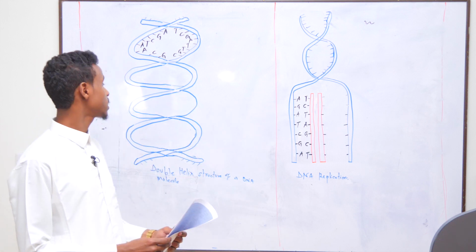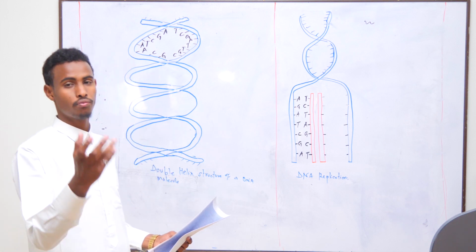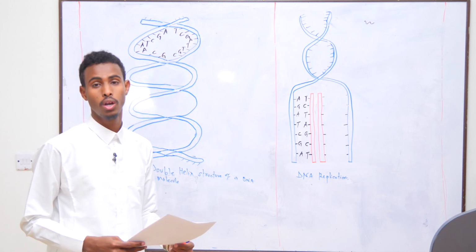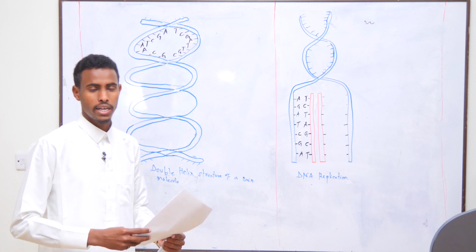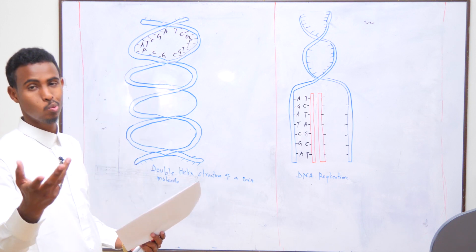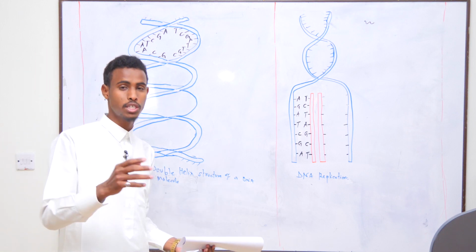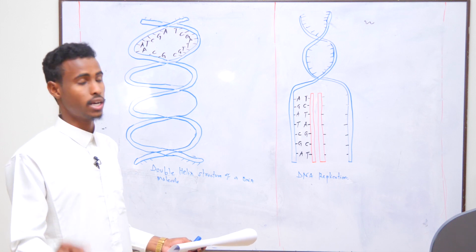And then yesterday we discussed that the DNA molecule consists of three components: the five-carbon sugar, the phosphate molecule, and the nitrogenous bases. Under the nitrogenous bases, we discussed the four bases: adenine, guanine, cytosine, and thymine.